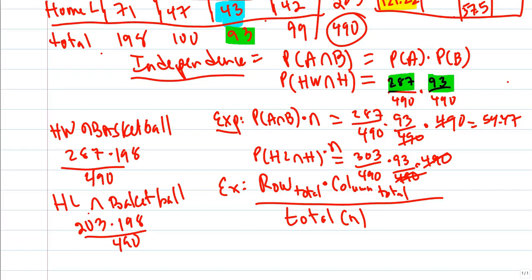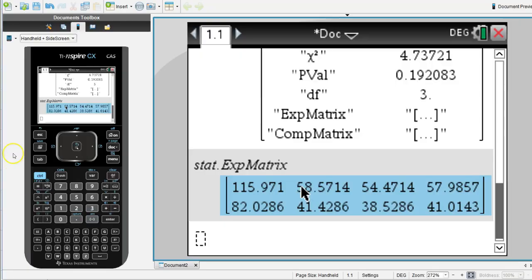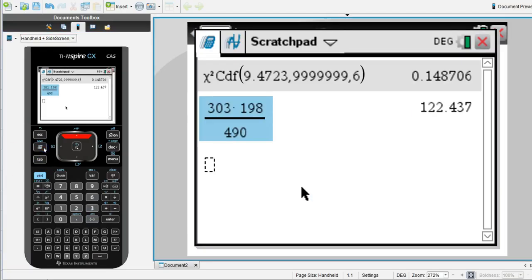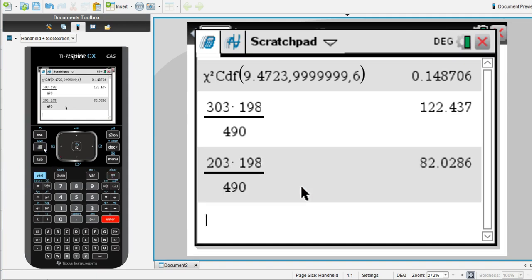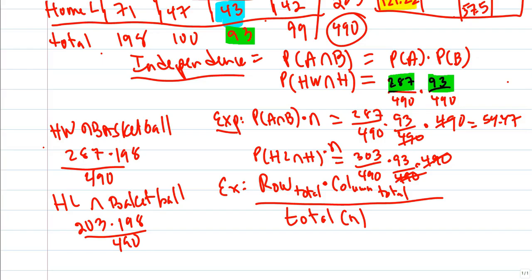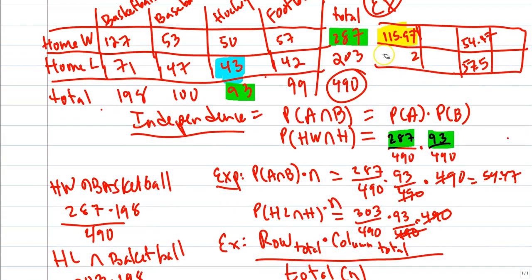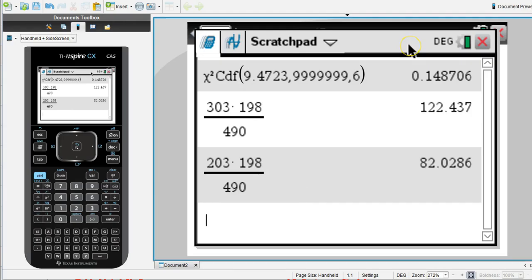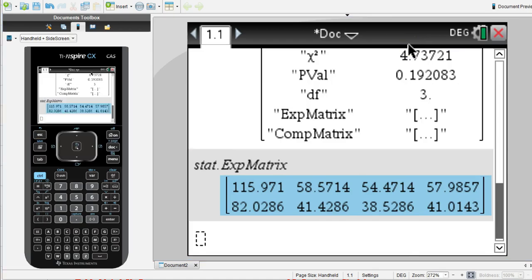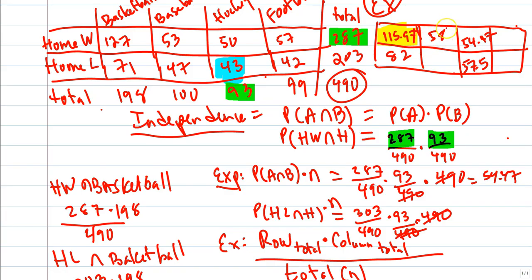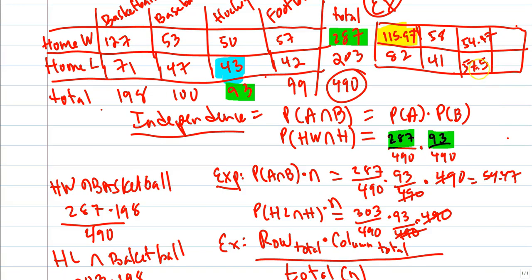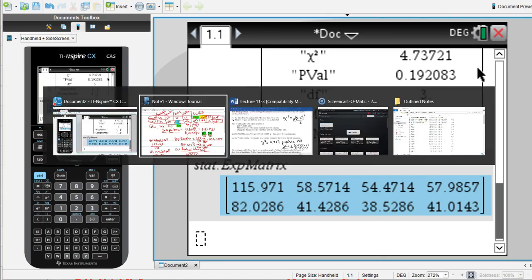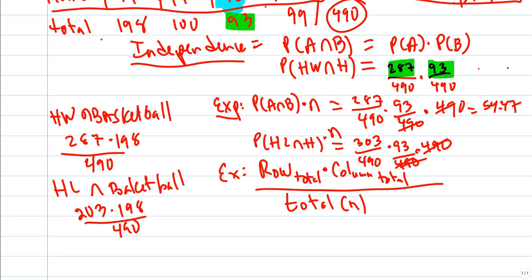Okay. So that's why I double check our numbers. So let me go back to that. I want 82 because I want to know that I'm not totally crazy. If I change that to a 203, how about 82.0286? What did that get? 82? Feeling better? 58? 41? 54 looks good. This one's off. Uh-oh, right? Well, I remember I did the 303 instead of 203.